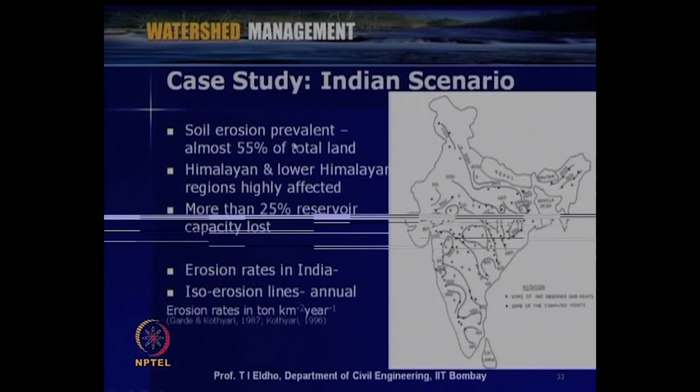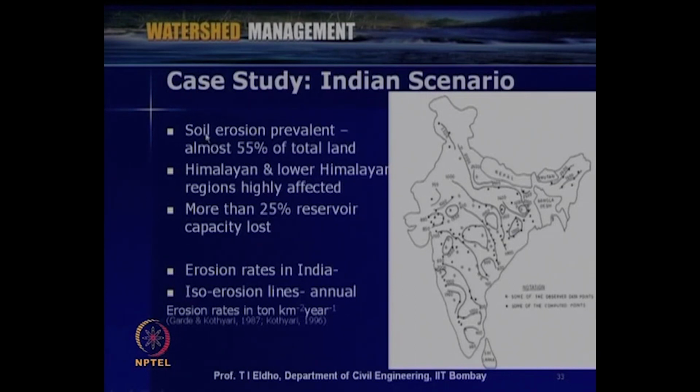In the 1960s, 70s and 80s, the government of India implemented many programs to reduce soil erosion problems through soil conservation. Almost 55% of total land is affected. Especially the Himalayan and lower Himalayan regions are highly affected by soil erosion, and as far as major reservoirs are concerned, more than 25% of the reservoir capacity is lost due to sedimentation and soil erosion problems.